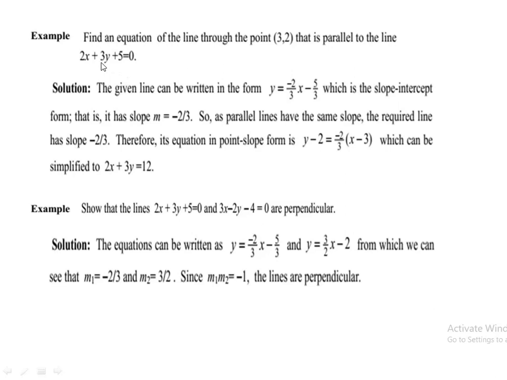From the given line 2x plus 3y plus 5 equals 0, we can write y equals -2 over 3 x minus 5 over 3. This is obtained by solving for y. That means 3y equals -2x minus 5, then divide both sides by 3, so y equals -2 over 3 x minus 5 over 3.